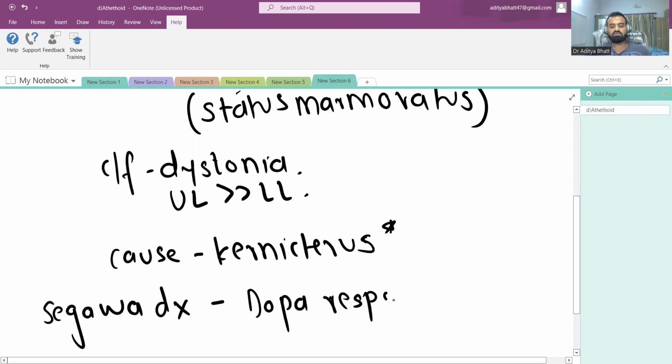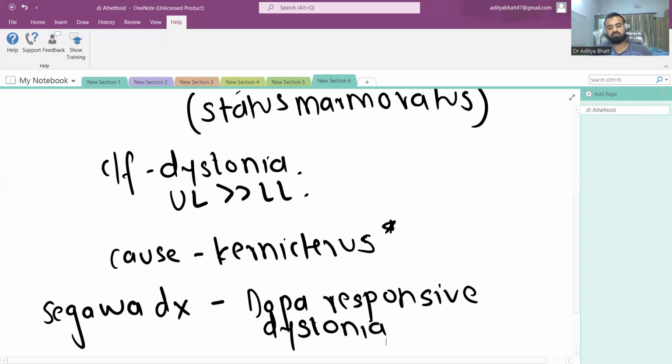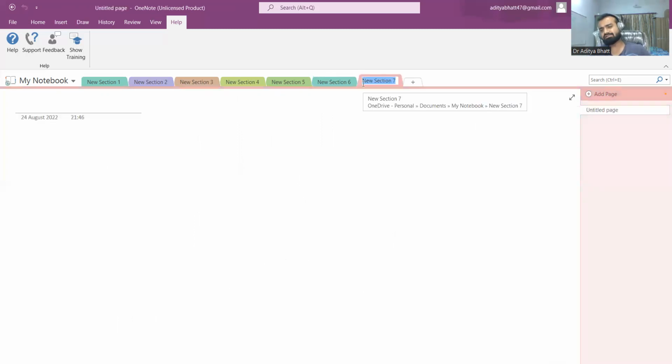So when you have a patient of athetoid CP, please give a trial of L-DOPA. It is a DOPA responsive dystonia, and these patients usually respond very well to L-DOPA. So this is what it is all about. And MRI is the investigation of choice.